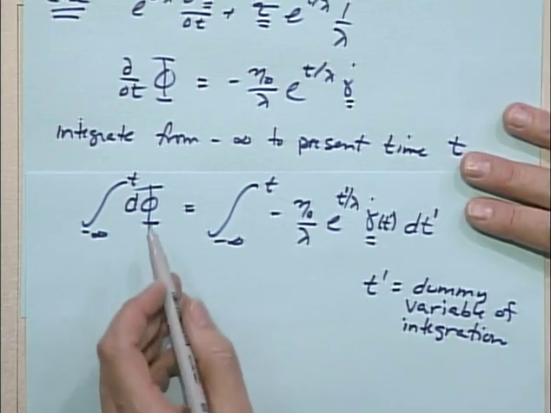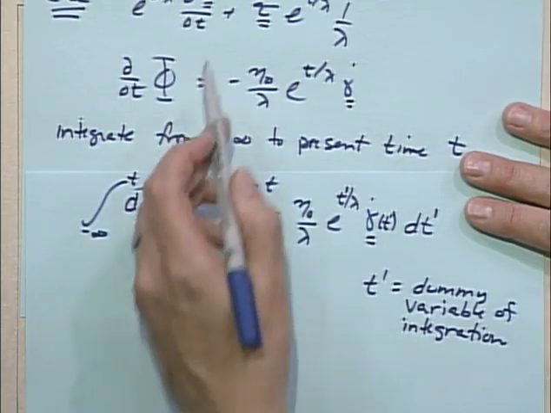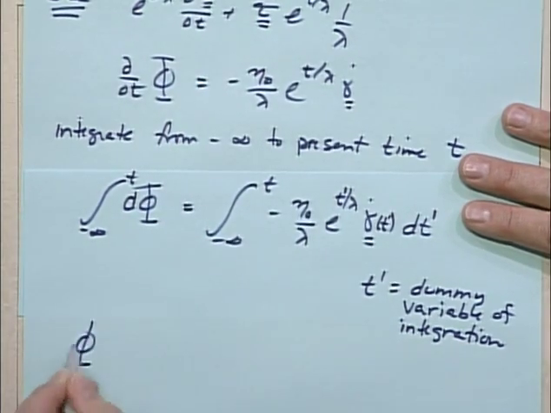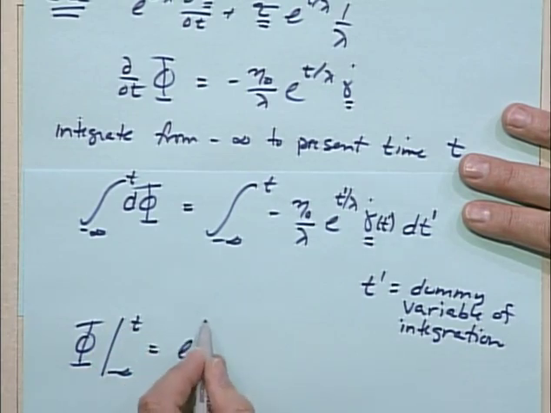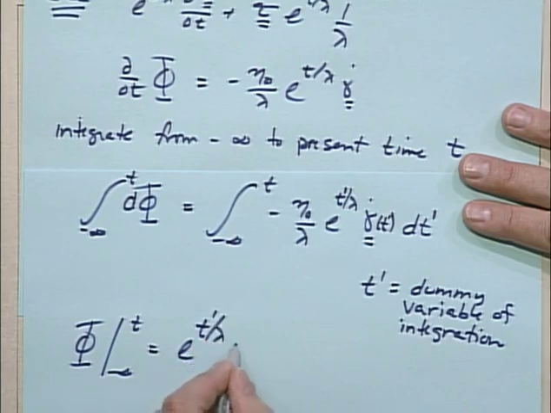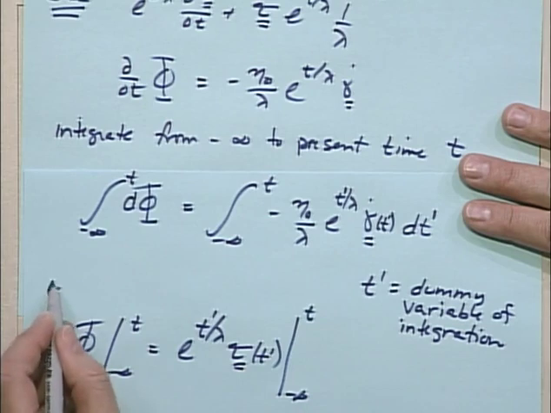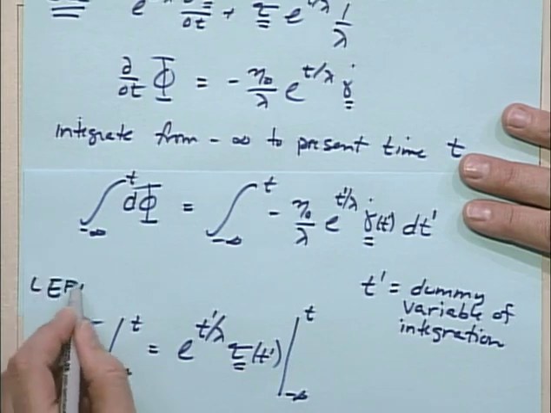All right, so the left-hand side just becomes phi, and phi is this stuff. So I get phi evaluated from minus infinity to t, and that's equal to e to the t prime over lambda tau of t prime evaluated from minus infinity to t. So this is the left side.